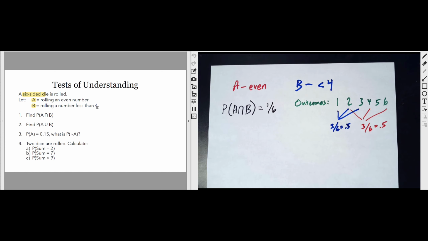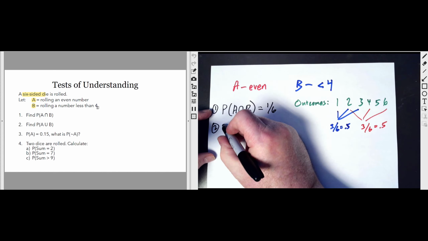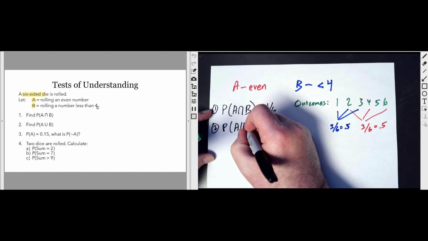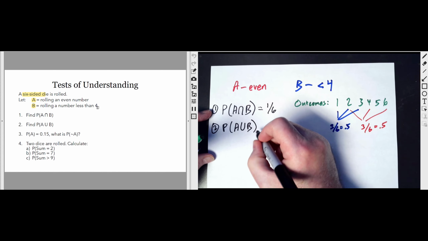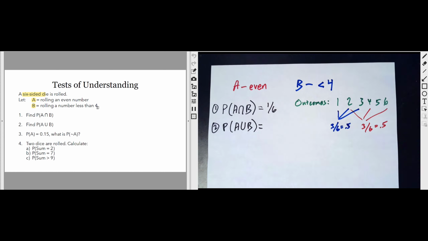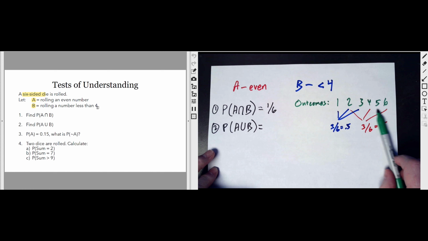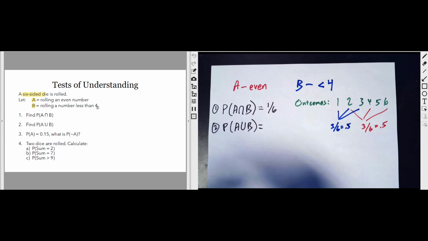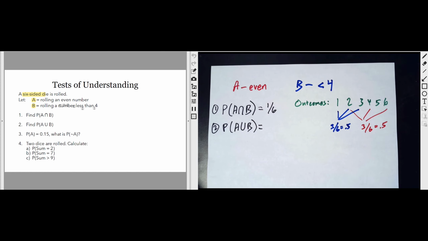Now, part 2, what is the probability of either A occurring or B occurring? Well, let's see. We can examine the available outcomes. Actually, I'm sorry. We are now going to use the fact that we just described on the previous slide.